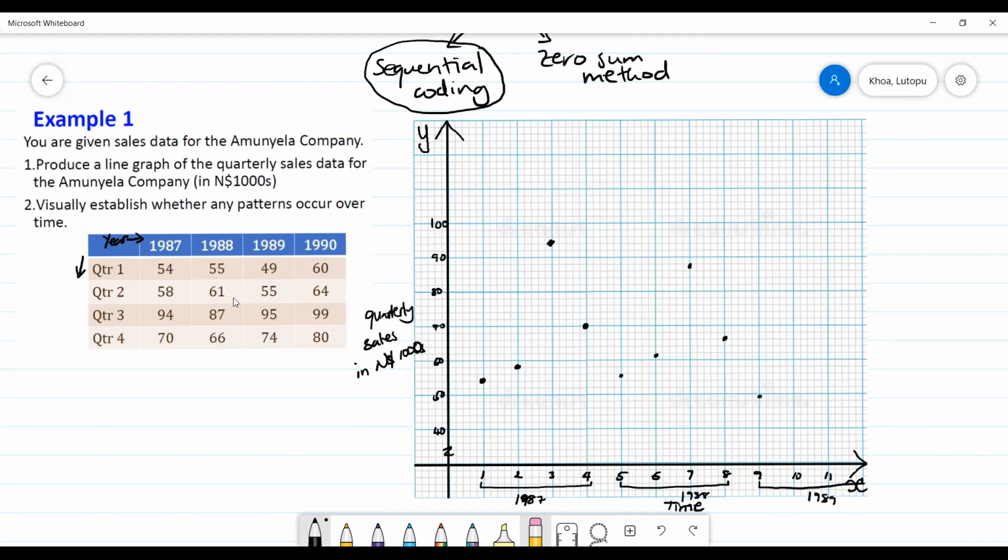Then 10th, which is 55. And then 11th, we have 95. Then in the 12th, we have 74.